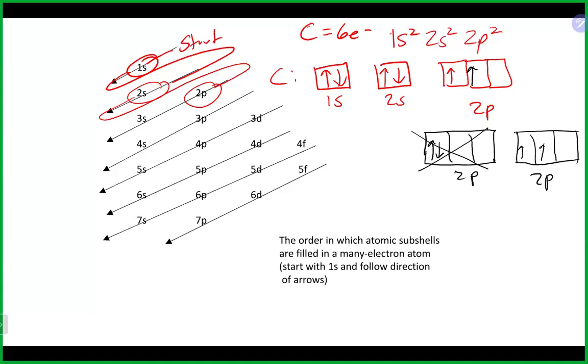And that's what happens when you hit any subshell that has multiple orbitals. They fill like so. Maybe you saw me do this earlier and wondered why I was doing it like this. They fill one at a time until all of them are filled. And once they're all filled, the next thing you would do is go back to the other side and start pairing them up.